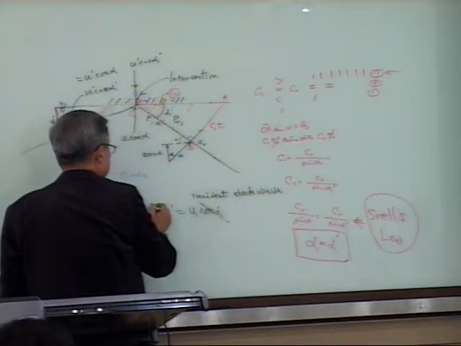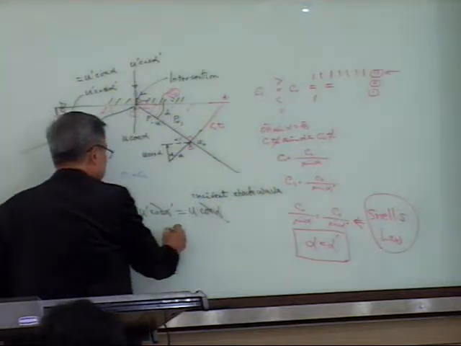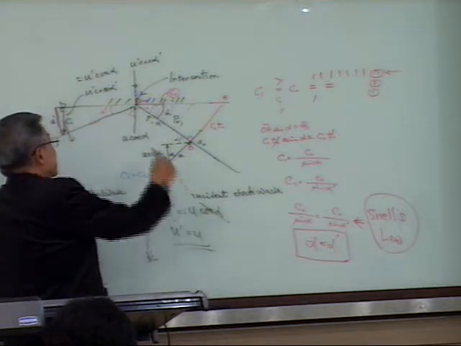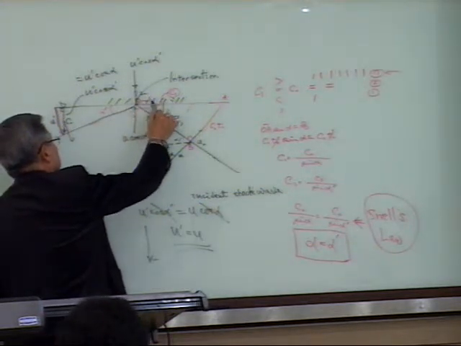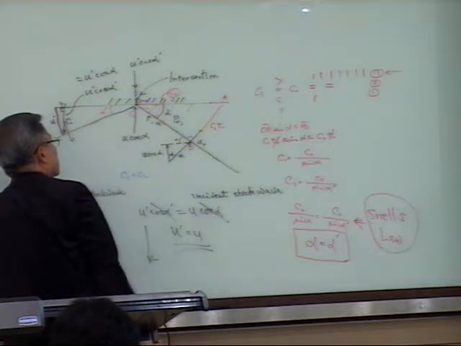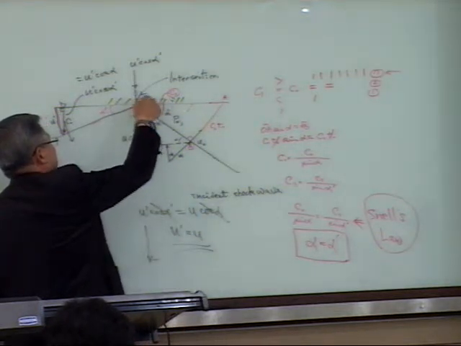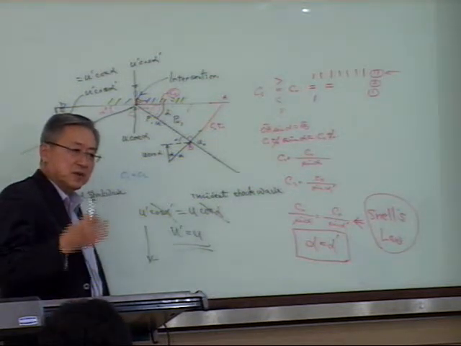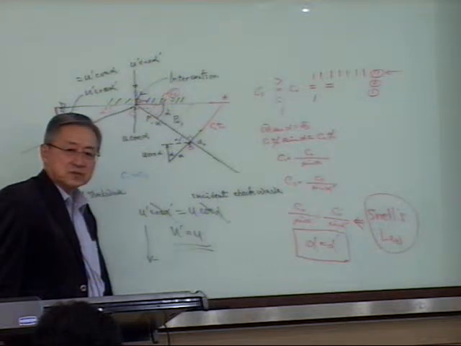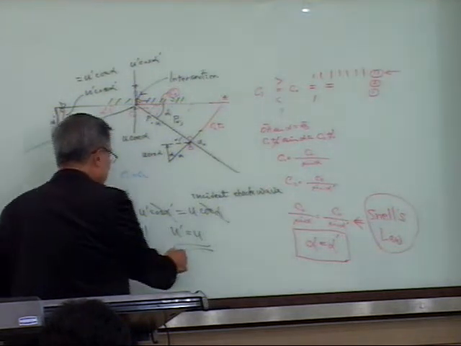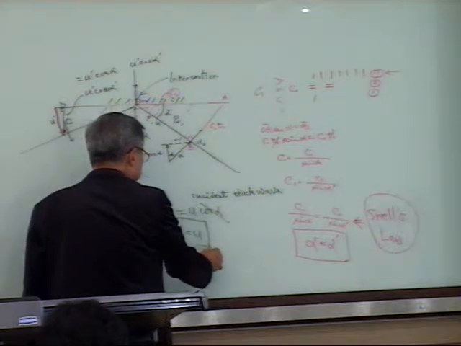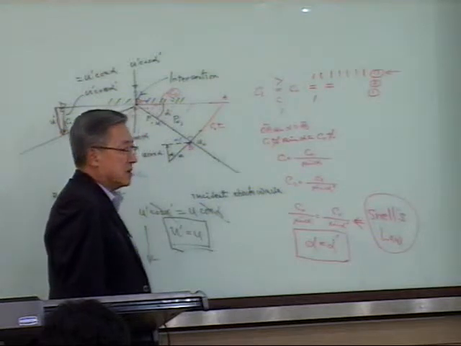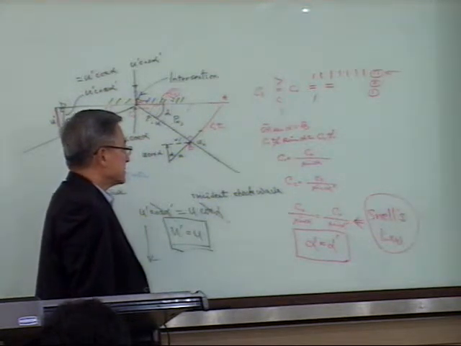So cosine alpha is the same as cosine alpha prime, and you have U prime equal to U. That's really true right in the vicinity of the intersection point. That's our interest: what's happening when the shock wave hits the rigid surface. So for the rigid surface, U prime is equal to U, and alpha is equal to alpha prime. That's the reason.